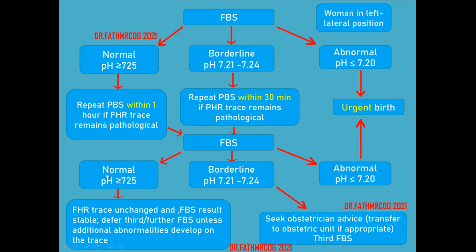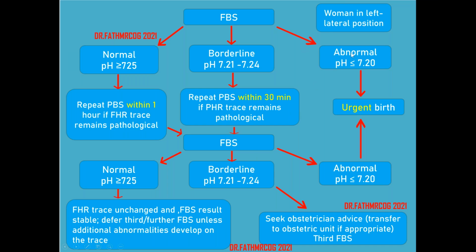If this fetal blood sample becomes normal, we'll continue as normal. And if this is still borderline, this is the second fetal blood sample. For the third, you should seek obstetrician advice and discuss the third fetal blood sample.